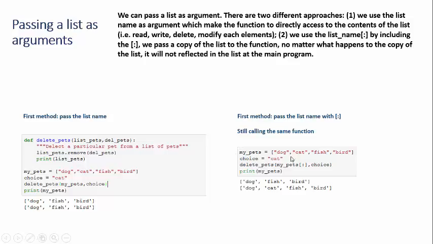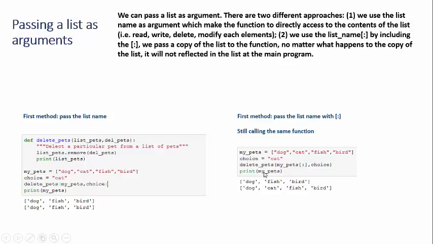For example, we have the 4 elements in my initial list, and then I call that function. Now I pass a copy, so it's going to work on the copy of the list. So it's going to remove cat and print it out. So I see dog, fish, bird, and no more cat when I call the function.